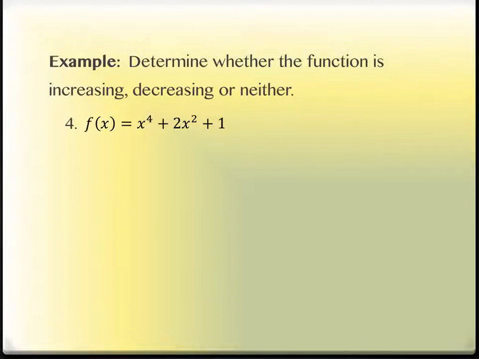If I have a graph that is increasing, what can you tell me about its slope? The slopes of the tangent lines are positive. If the graph is decreasing, what can you tell me about its slopes of tangent lines? They're negative, right? And if you have a place where the slope is 0, you have a place where it might have a max or a min. At least it flattens out, and maxes and mins commonly happen there.